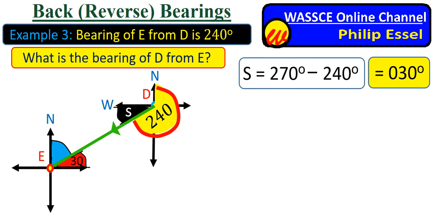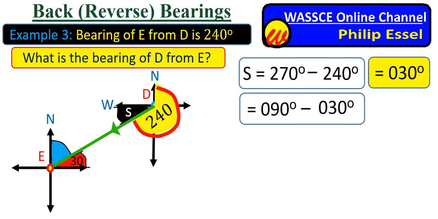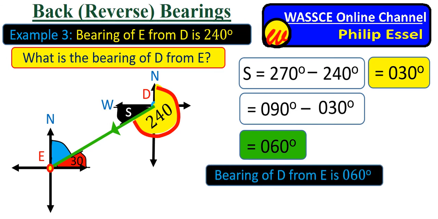So if the red portion is 30 degrees, to get the blue portion, just subtract the 30 degrees from 90 degrees. When you do this subtraction, you would get 60 degrees. Therefore, the bearing of D from E is 60 degrees.